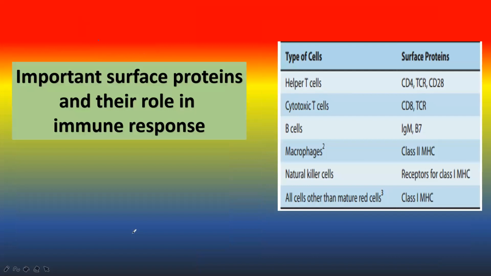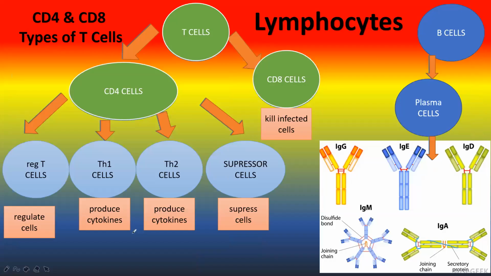Important surface markers yesterday we also did. The types of T cell: regulatory T cell, Th1 cell, Th2 cell, and suppressor T cell. Th1 cell is for cell mediated immunity, okay, and Th2 cell for antibody mediated immunity.